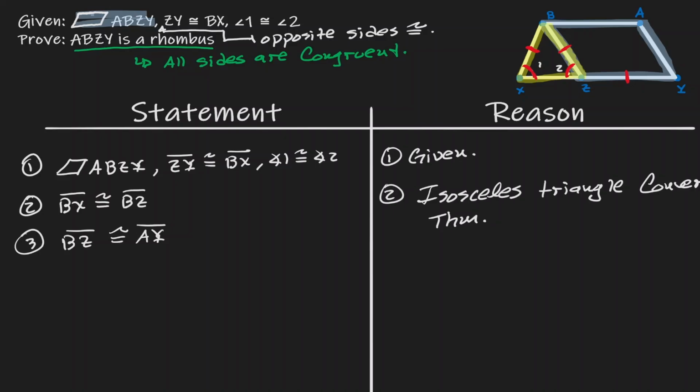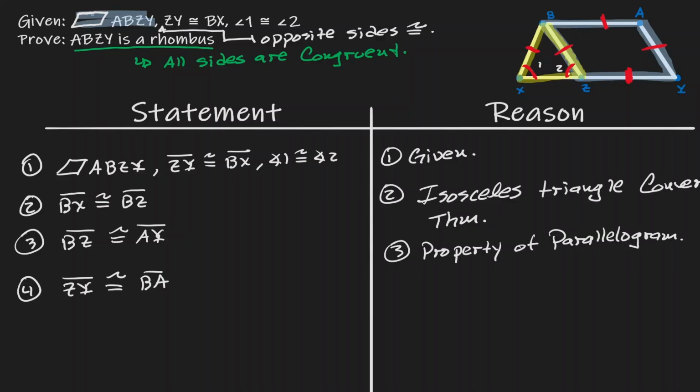Let's put that on a diagram. We can say this is a property of a parallelogram. And in addition, ZY is congruent to BA. And it's the same reason, property of parallelograms.